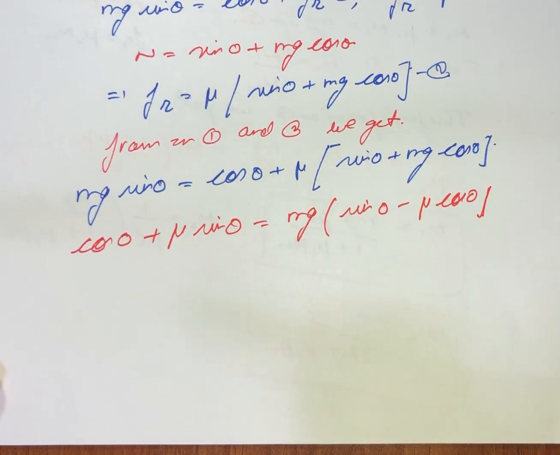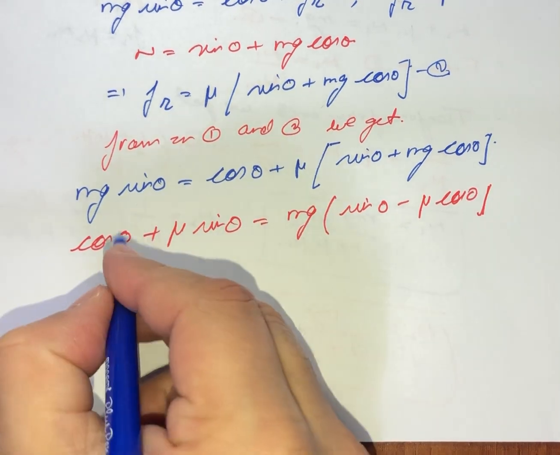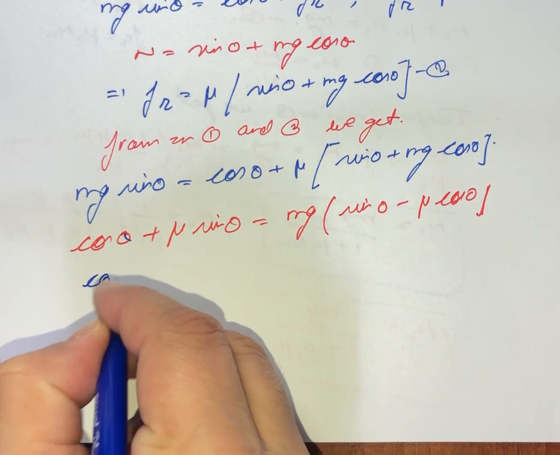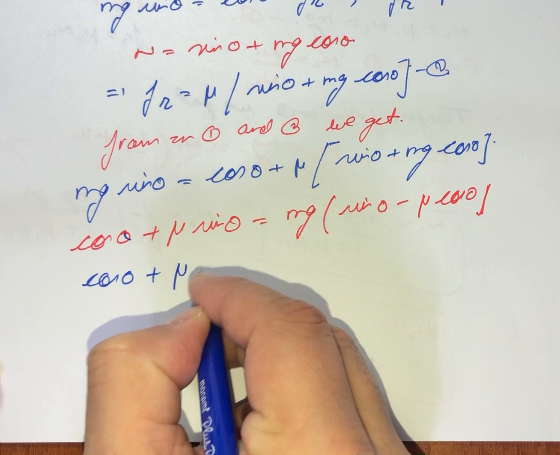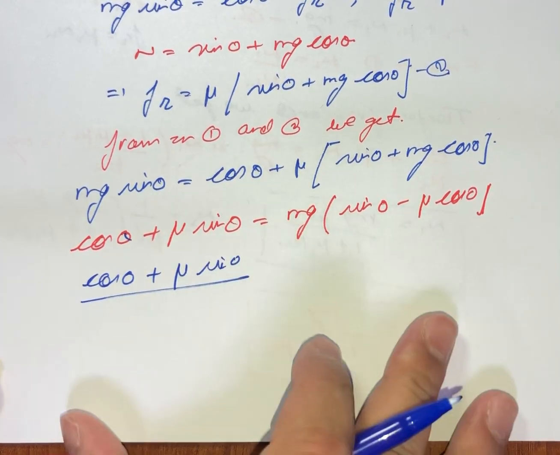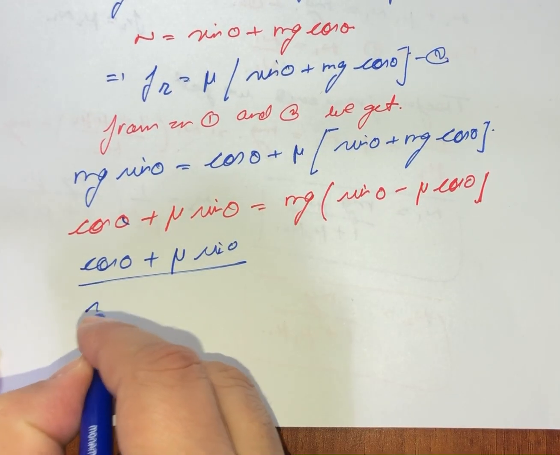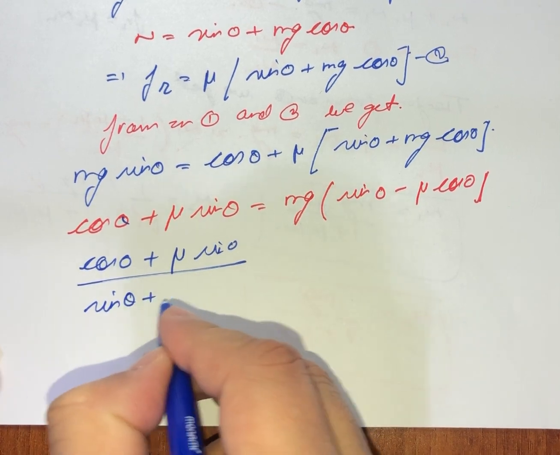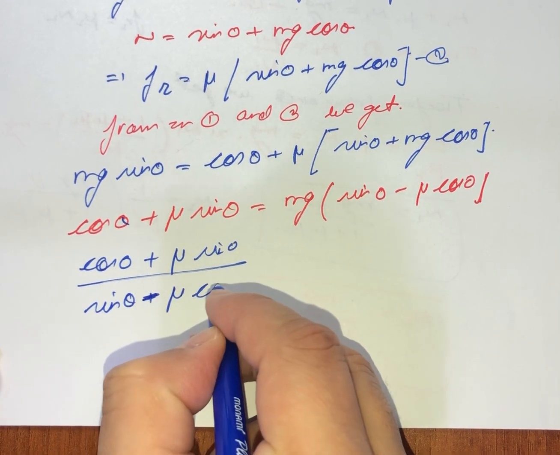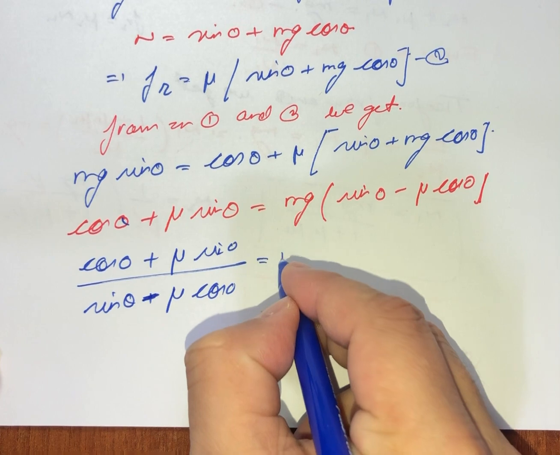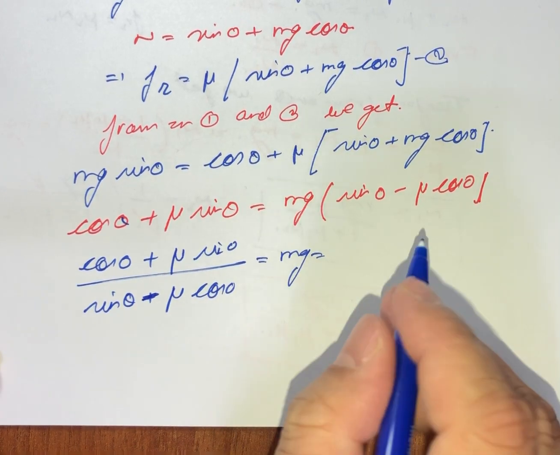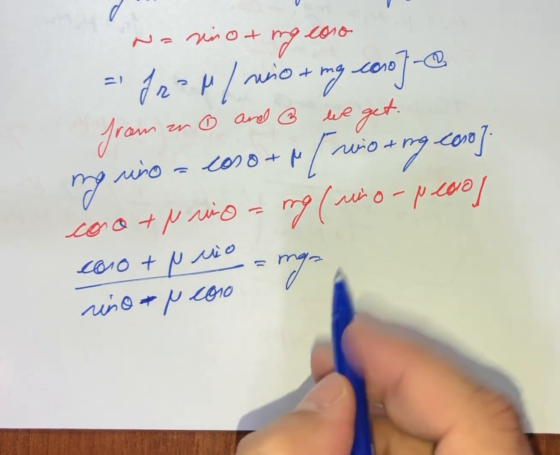And from here we can say that (cos of theta plus mu sine of theta) divided by (sine of theta minus mu cos of theta) is equal to mg. Mass is given as 0.1 and g is 10.